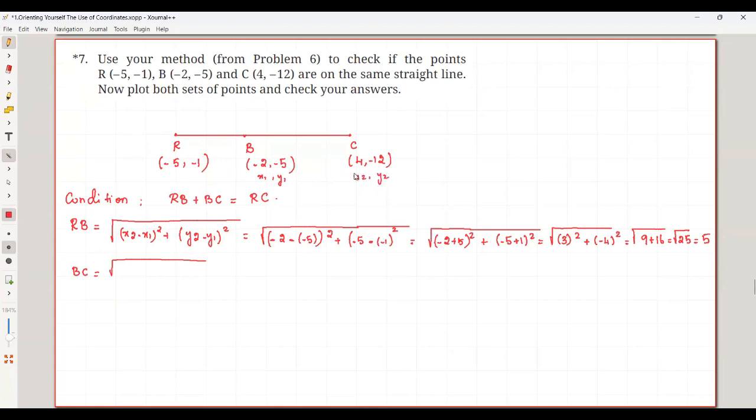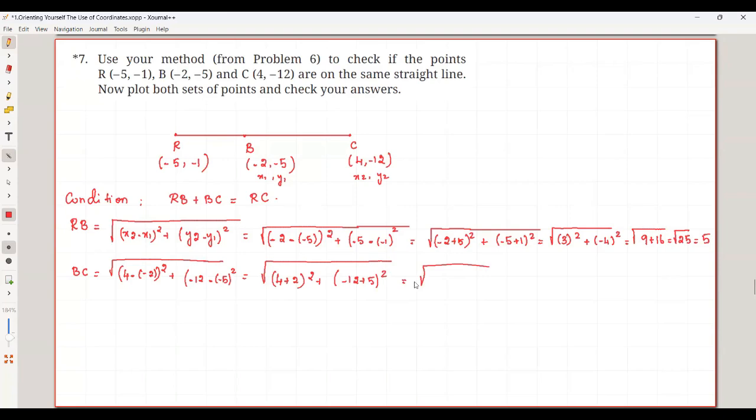Directly: x2 minus x1 the whole square means 4 minus of -2 the whole square, plus y2 minus y1, so -12 minus of -5 the whole square. Simplify it. So 4 minus of minus is plus 2 the whole square plus -12 minus of minus is plus 5 the whole square, right?